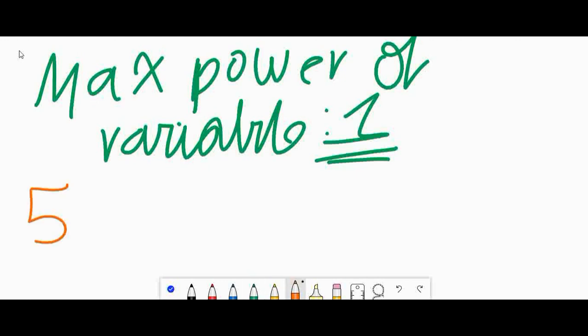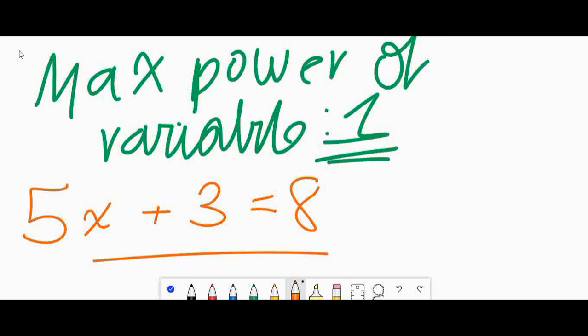So let's suppose we have the equation 5x plus 3 is equal to 8. This equation right here is actually a linear equation in one variable. But how? What does it mean by maximum power of a variable is 1? Well, we probably know what power is.